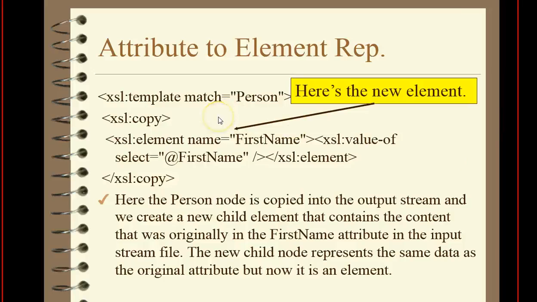I start with an attribute and I end up with an element in the output. Here I'm reading the value of the attribute, but I'm submitting it as the new content for a new element with the same name. So this changes attribute first name to element first name.